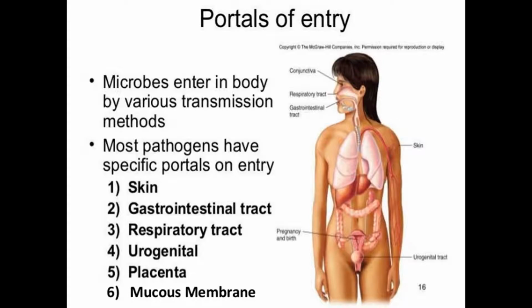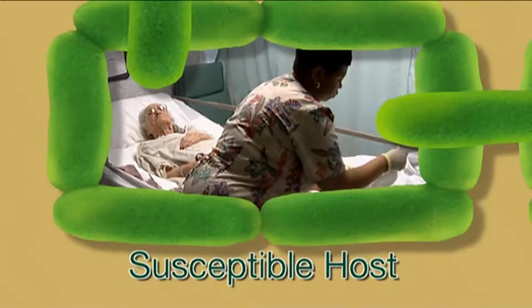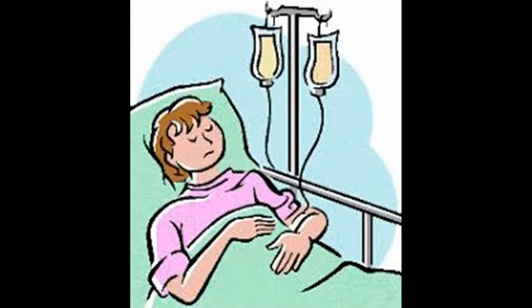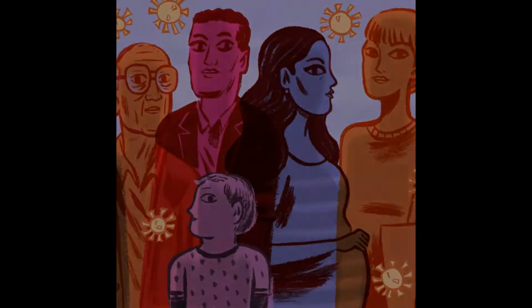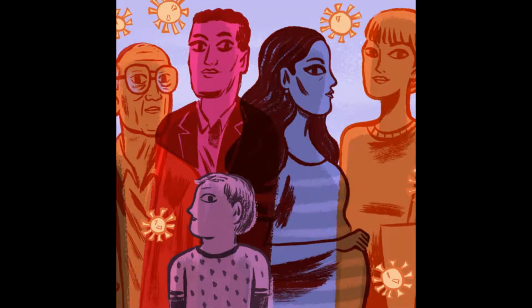Okay, then the last element is the susceptible host. So that's the final link in the chain of infection. Now, sabing susceptible host, kasi po ang host, depende po yan sa immune system niya. A host can be susceptible pag mahina po yung immune system niya. The elderly are more susceptible to COVID-19.